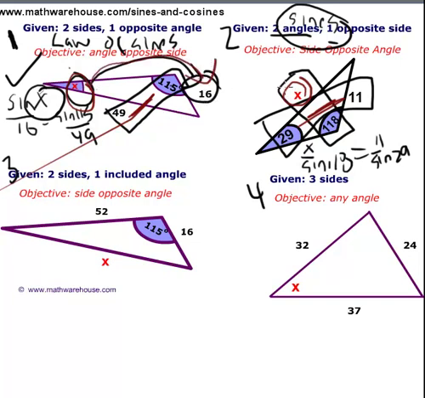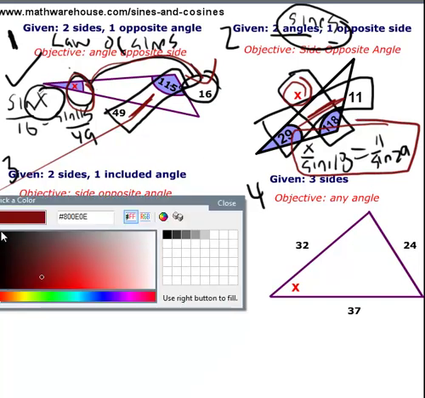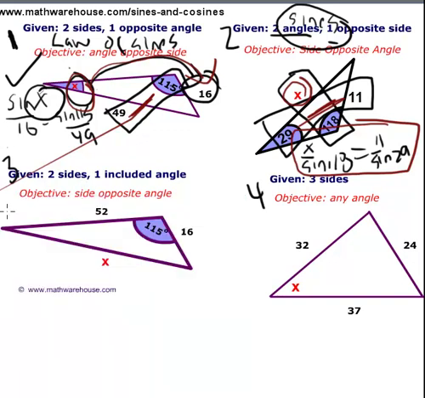You knew the 16 on the left. You knew the angle opposite the x on the right. So you can set up your law of sines proportion, which always comes down to opposite measurements, opposite sides and angles. Okay, so now let's look at triangle 3.